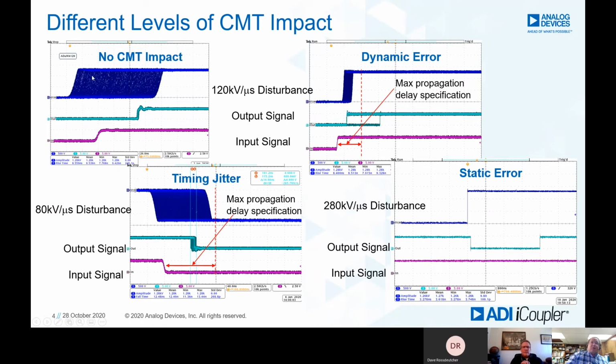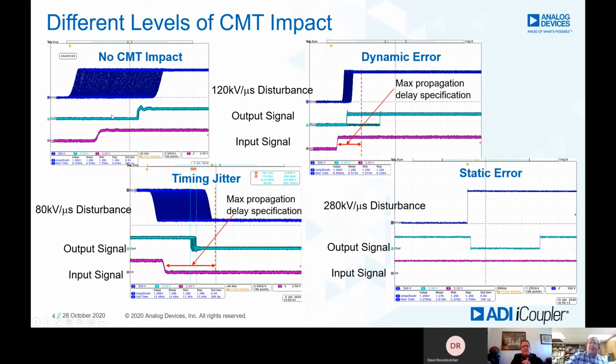The scope captures an infinite persistence plot, with multiple traces on top of each other, and in the top trace we sweep a common mode transient applied before, during, and after the signal transition. This is the level of performance you want to see in a gate driver: the timing performance isn't impacted by the applied common mode transients.